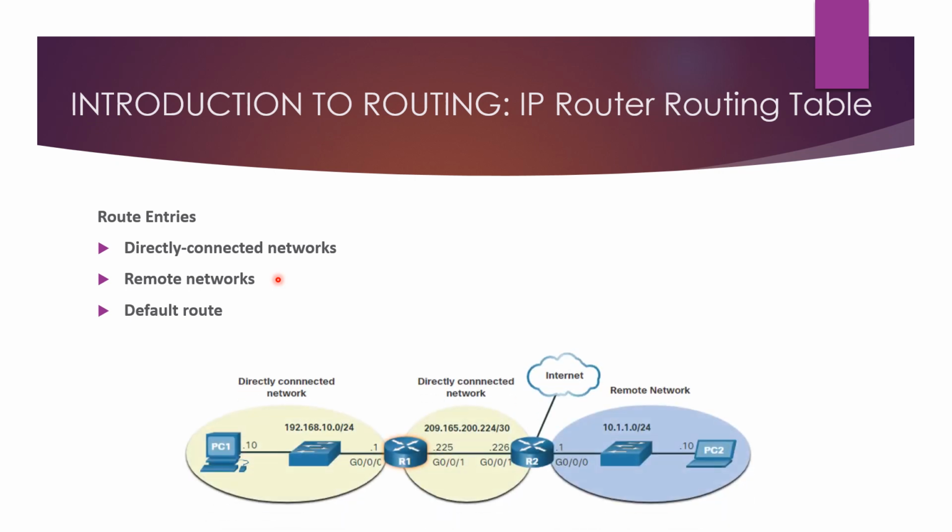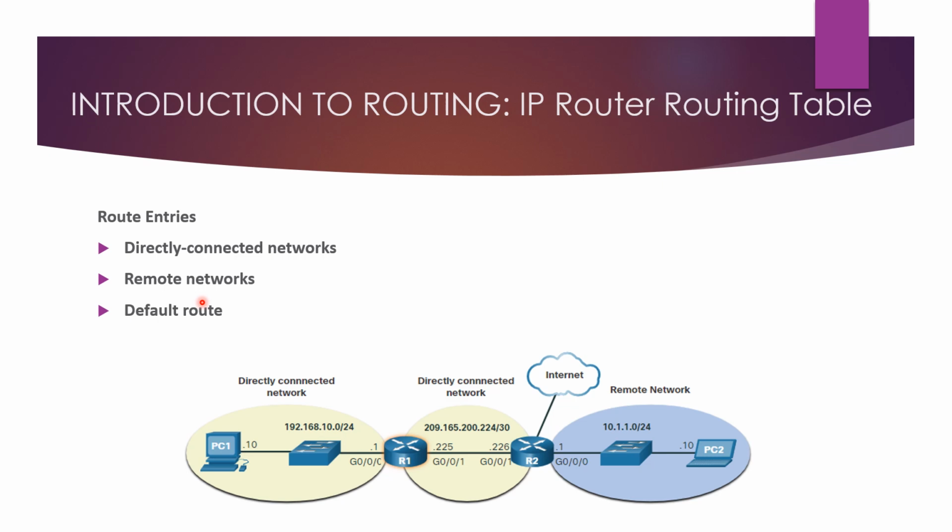If we refer to this figure, the directly connected networks on router 1 would be the network 192.168.10.0/24 and the network 209.165.200.224/30.